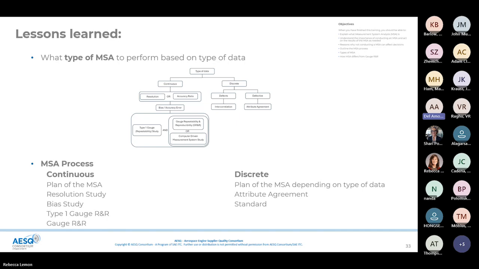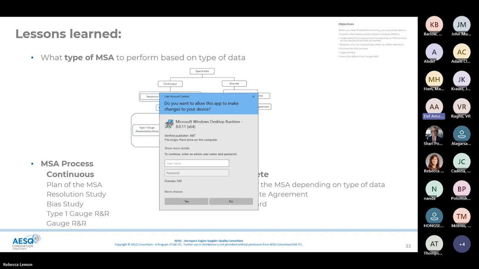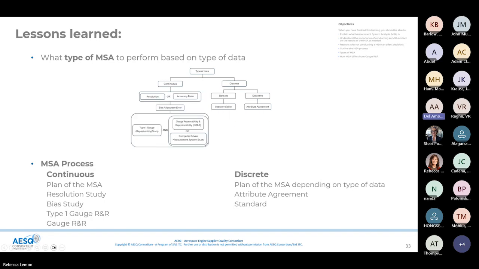I think we're recommending about 30 or more. And the idea is that about 3/4 should be conforming, and at least 1/4 should be non-conforming to perform the discrete MSA.